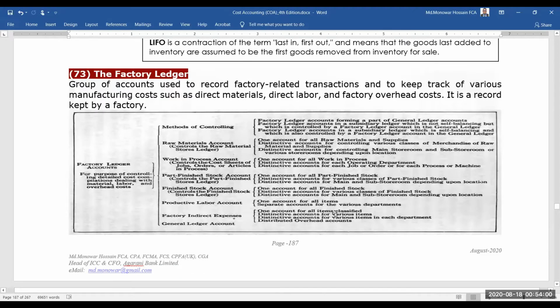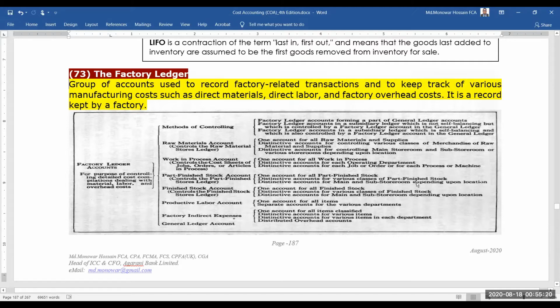Now the factory ledger: a group of accounts used to record factory-related transactions and to keep track of various manufacturing costs such as direct materials, direct labor, and factory overhead costs. It is a record kept by the factory.